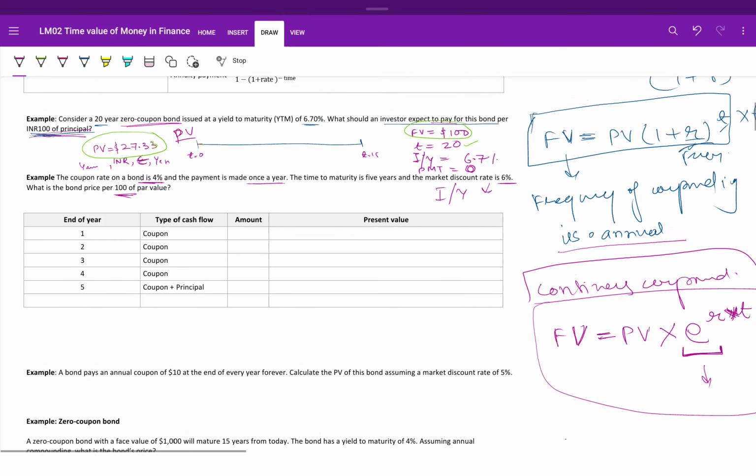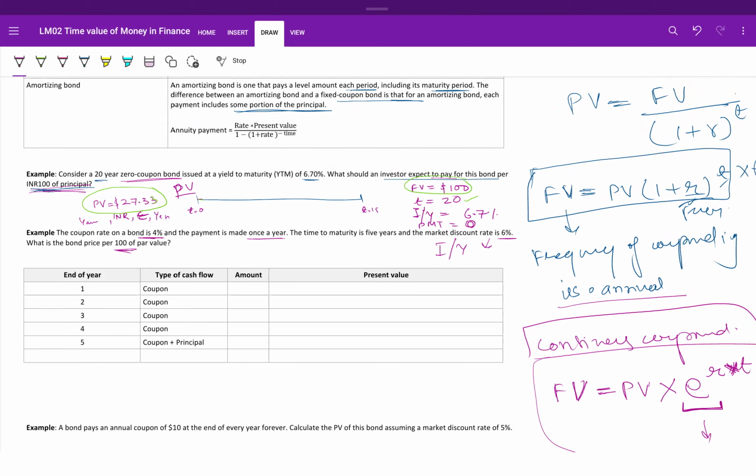Previously also they asked us the price at $100. This means that if I say the future value is 1,000, what are you going to pay? If I'm saying per 100 it's 10x, you are also going to pay 10x of the present value.